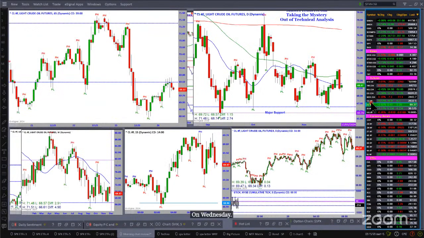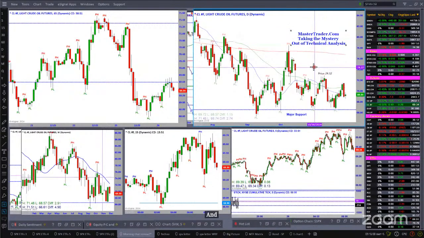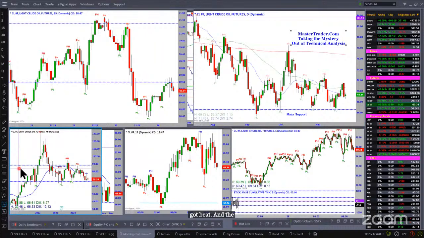Crude oil got shellacked yesterday. So what a mess. And of course, the oil stocks and XLE got beat. The question, which we've been talking about for a couple of weeks now, is does it break down under these lows? Trump is talking about fracking, open the spigots. That's got to equal more supply. Is there enough demand?